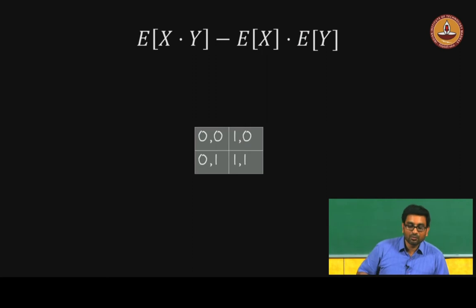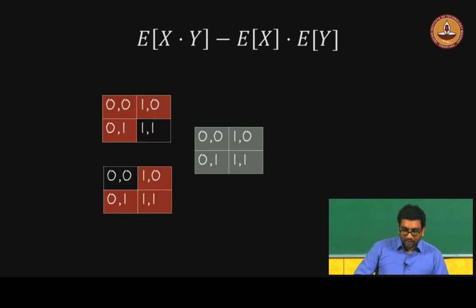so what is this quantity of E of x y minus E of x times E of y? It should be immediate, it is 0. Why? Because these are two independent random variables. Okay. So, let us do something silly here. Let us limit the sample space to one of these.